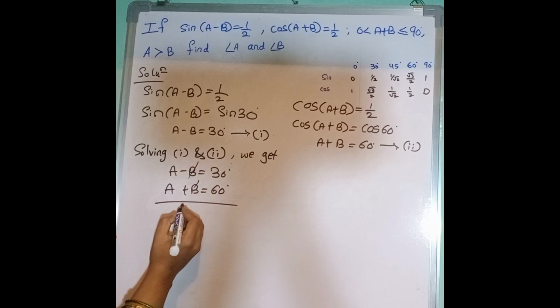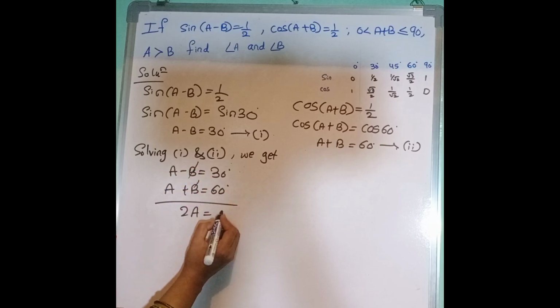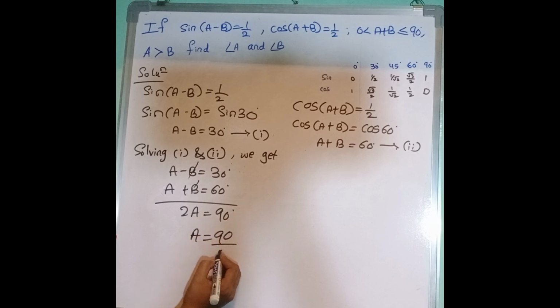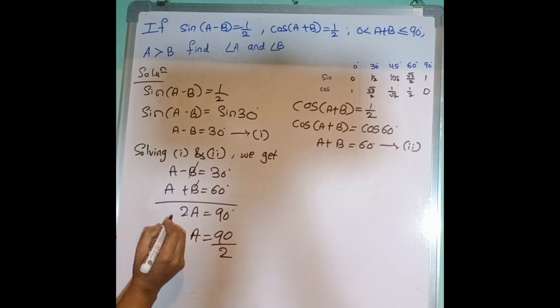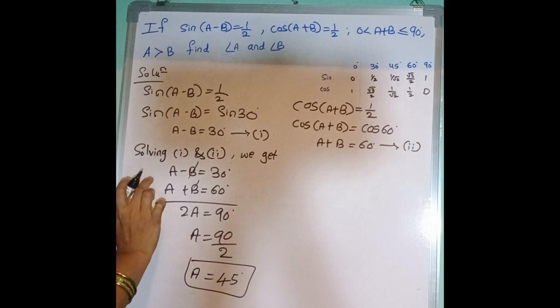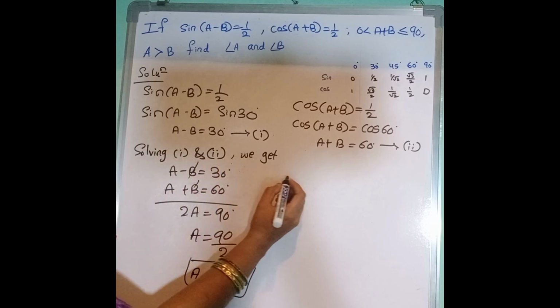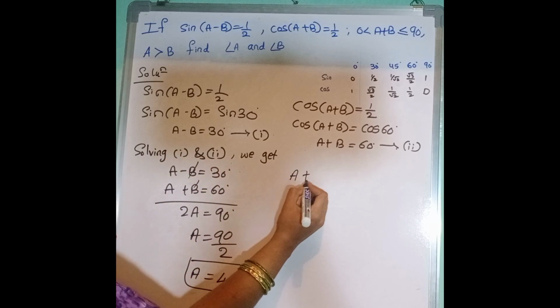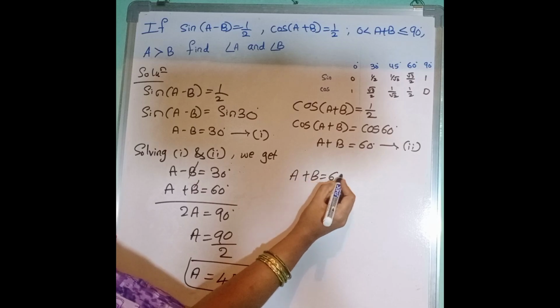Plus minus B are cancelled. Here A plus A is 2A is equal to 60 plus 30 is 90 degree. A is equal to 90 divided by 2. Here the 2 is multiplied, it becomes a division. A is equal to 45 degree. Put the value of A is equal to 45 degree in 1 or 2. A plus B is equal to 60 degree.